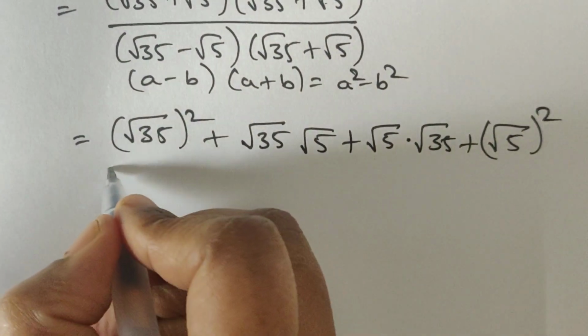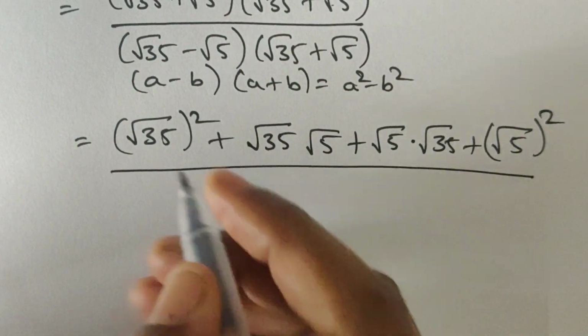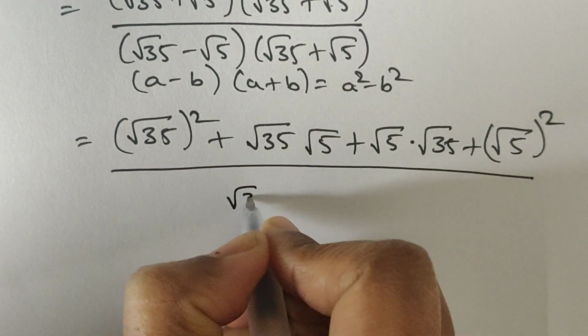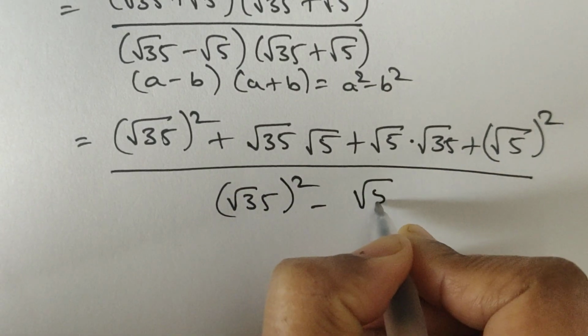So now divided by, so use this formula, (√35)² − (√5)².